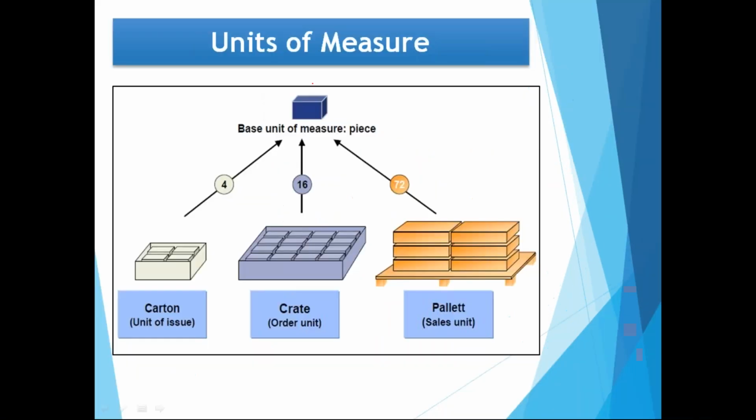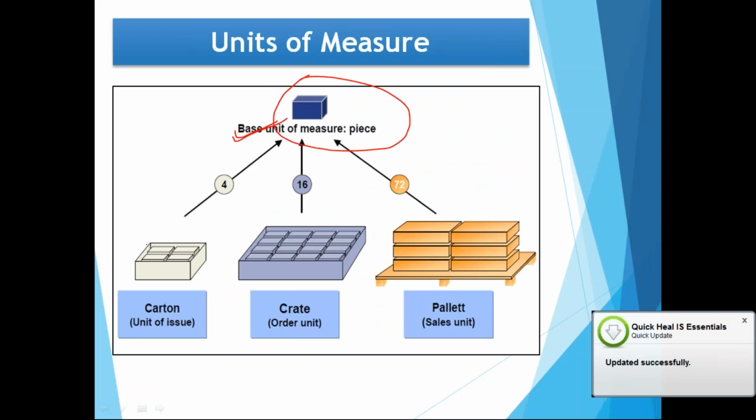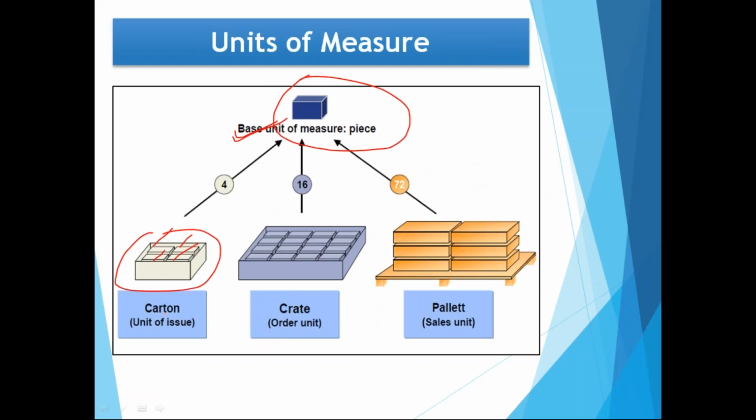But while selling, while issuing the product to the customer, you are issuing in cartons. This carton will contain 4 pieces. So your carton will become the alternate unit of measure. The conversion factor is 4 here. Let's say the customer is ordering in crates, and each crate will contain 16 pieces.